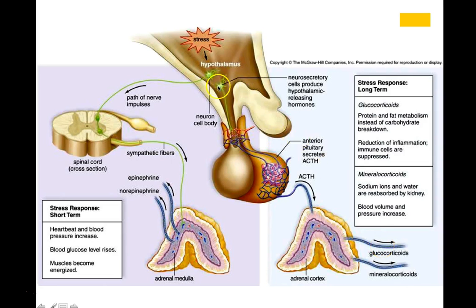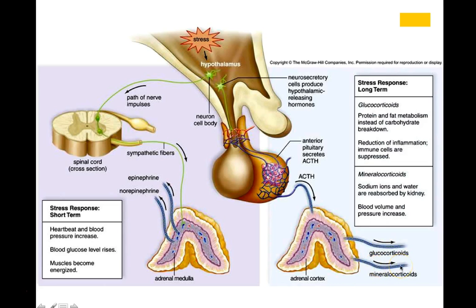We have neurons within the hypothalamus that will send a signal down through the hypothalamo-hypophyseal portal system, and then that continues to the anterior pituitary gland and will secrete ACTH to head over to the adrenal cortex.